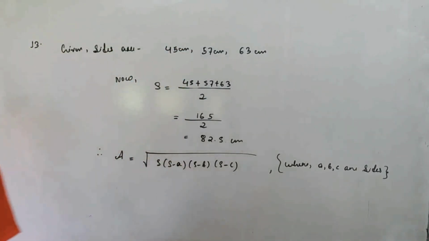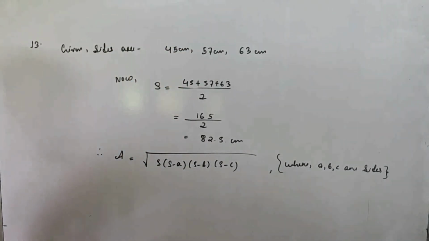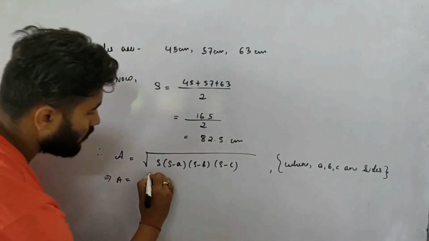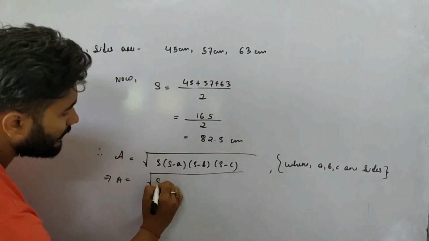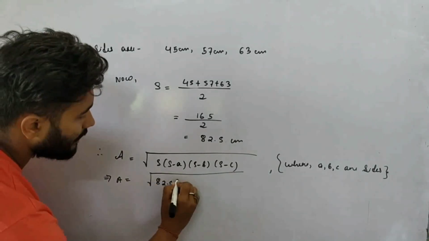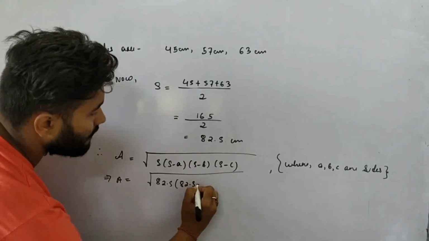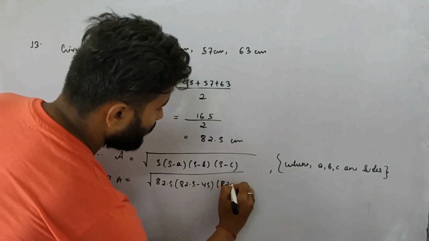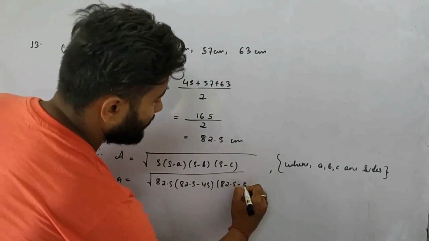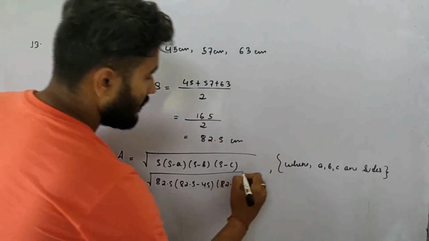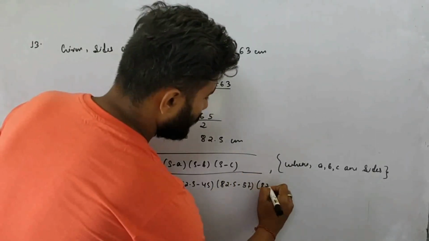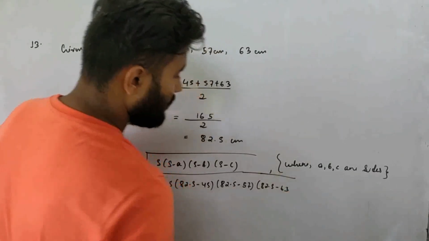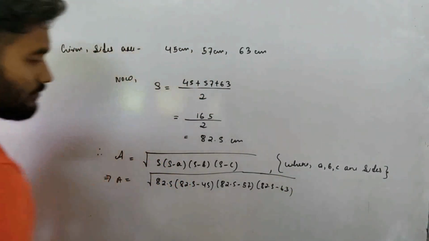Directly also you can do this one. So now put the value, which implies A will be equal to square root of 82.5 into 82.5 minus 45, 82.5 minus 57, and then lastly 82.5 minus 63.